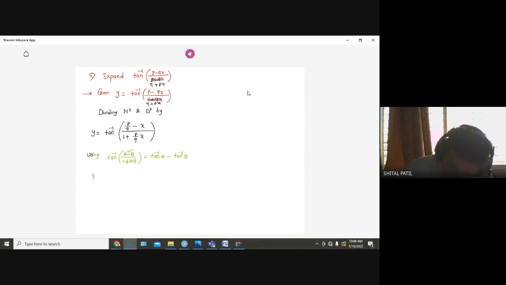So y equal to tan inverse of, here a is p by q, minus tan inverse of x, and then we know the expansion of tan inverse of x, x minus x cubed by 3, and so on.